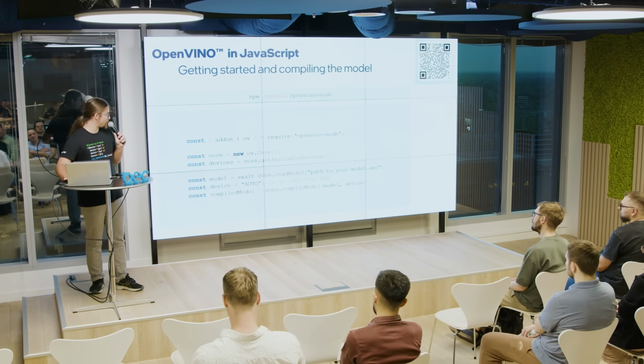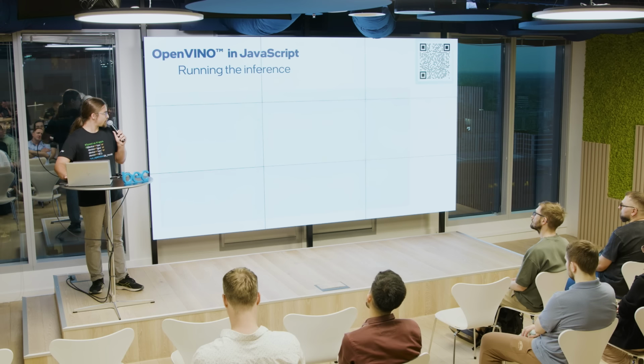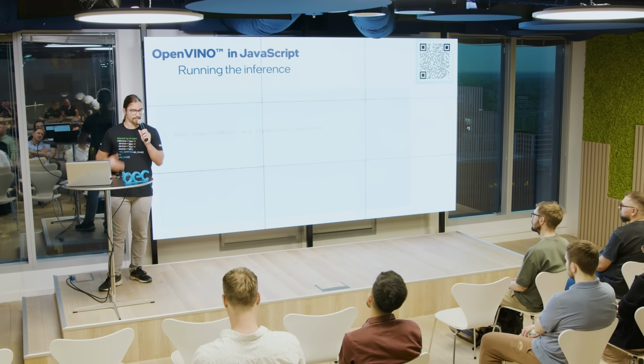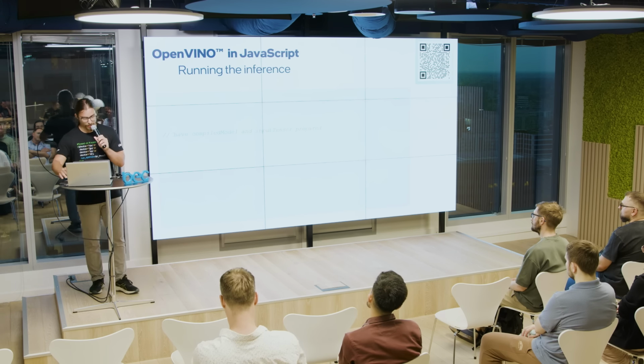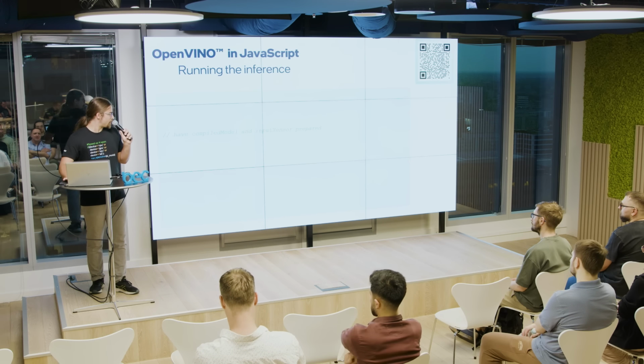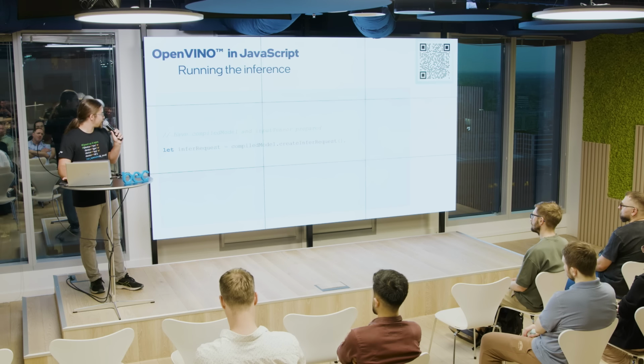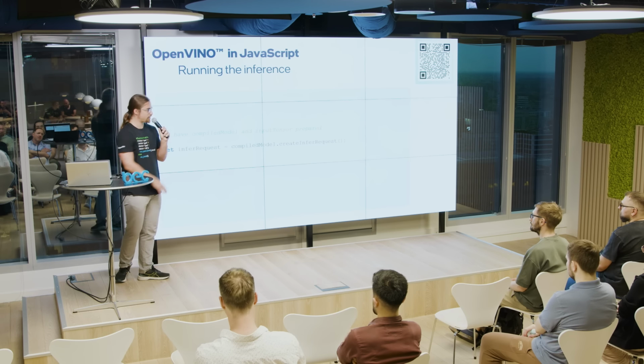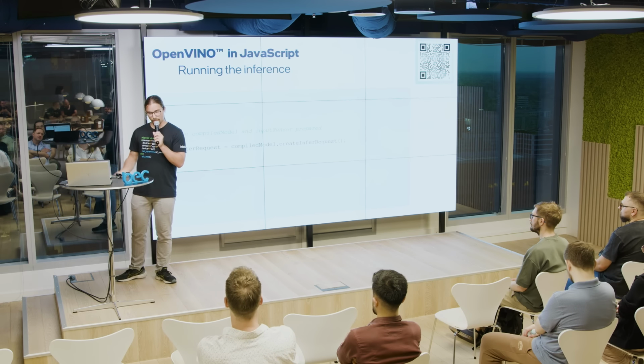Later you compile a model to the device, and when you have a compiled model and some input prepared, as I mentioned, it can be some image or in case of LLM some tokens, then we define infer request. This is not currently in Python.